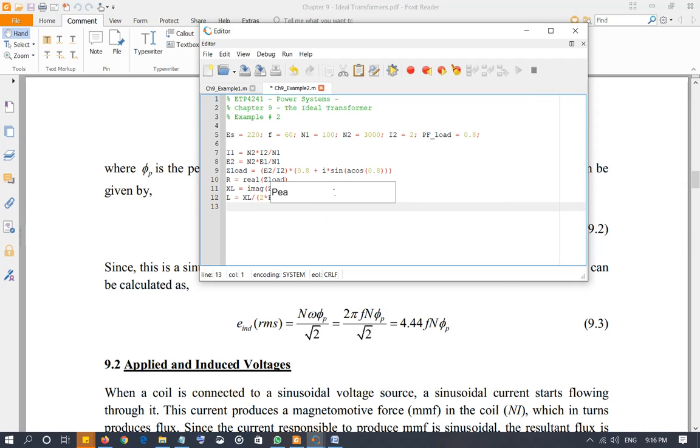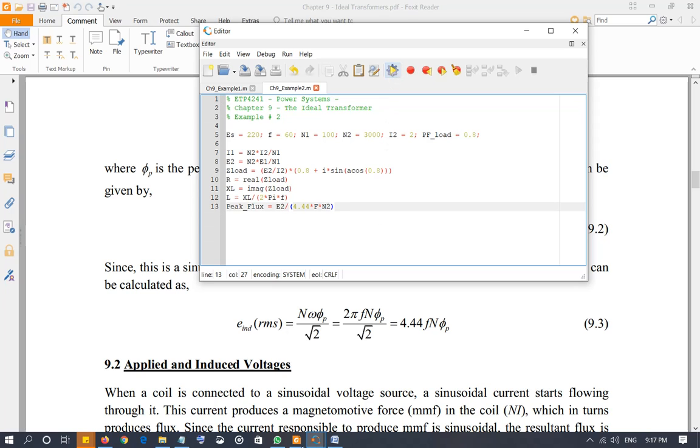Peak flux equals, you're calculating secondary side, you can calculate primary side, it's going to be the same, but let's calculate from secondary side. E2 divided by 4.44 times F times N2. Okay, so that is it.